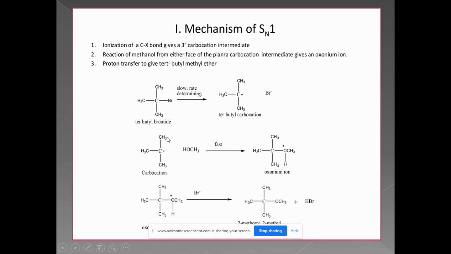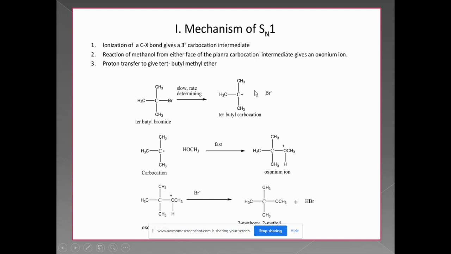CH3 CH3 CH3, the tertiary butyl carbocation which is initially formed, over which this CH3OH, in this CH3O, the methoxy group, acts as a nucleophile and attacks the carbocation.